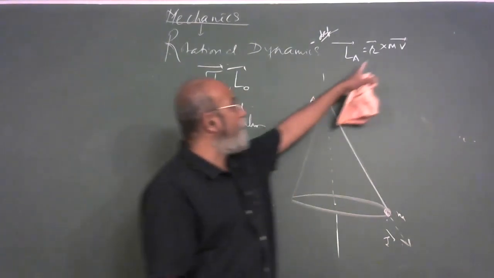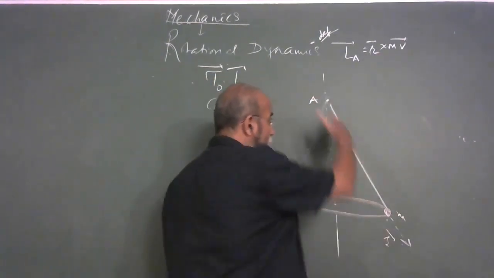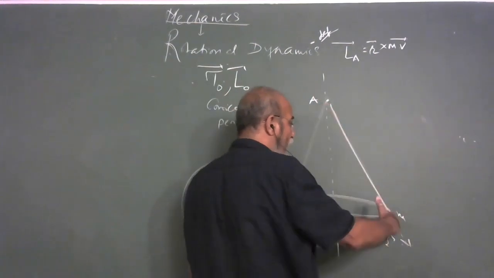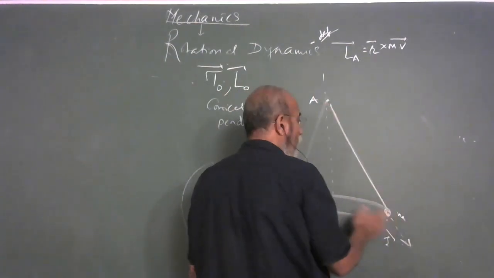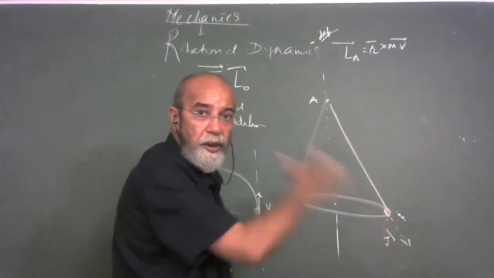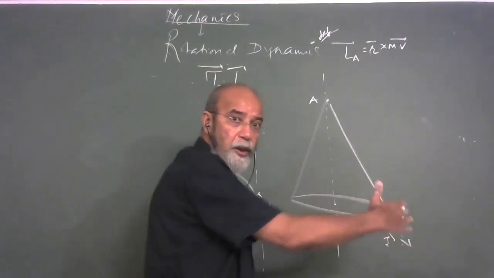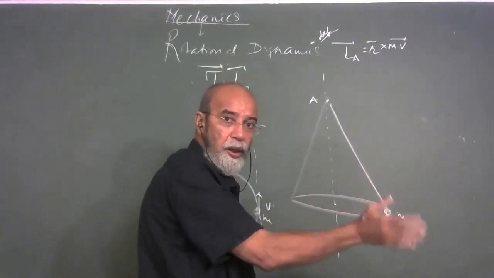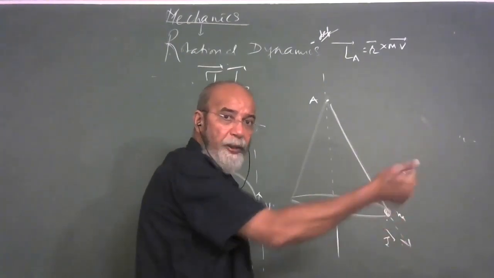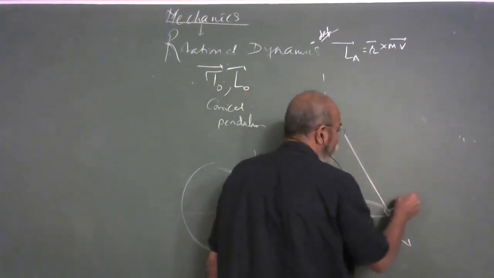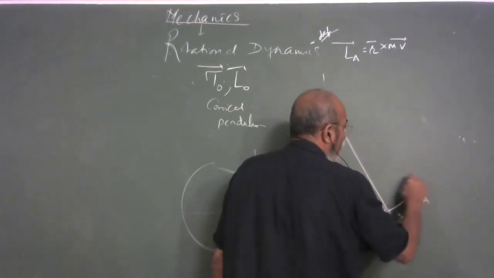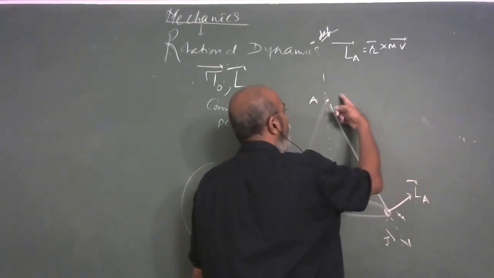Perpendicular to the plane formed by R and V. This plane, sloping plane. R cross V, sloping plane. But we don't show it here. We show it here.